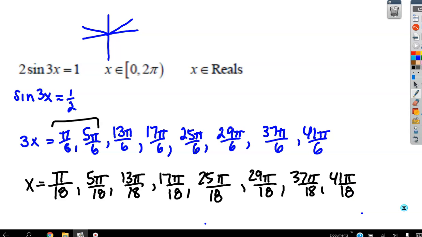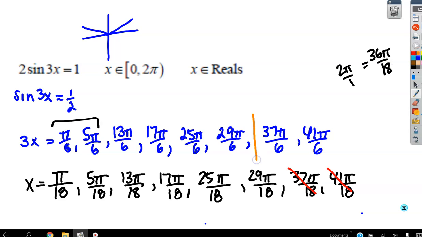Okay, so what is 2 pi in terms of 18ths? Well, we can just do a quick conversion, times 18 times 18. So 36 pi over 18 would be the same as 2 pi. So anything over 36 is out. So those two are out. So let's look at what happened.